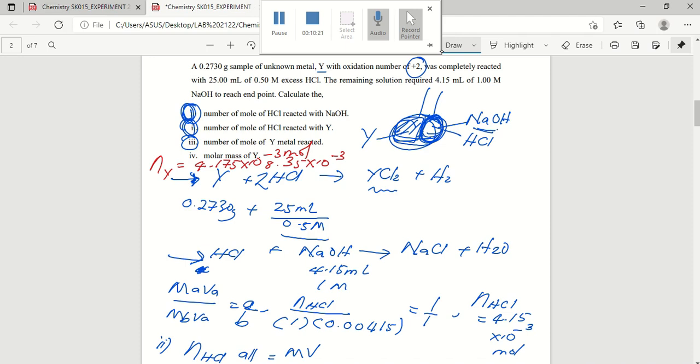Then we want to find the molar mass of Y. We have mole equal to mass divided by molar mass. Molar mass is mass divided by mole. The mass of Y is 0.273 divided by 4.175 times 10 to the power of minus 3.